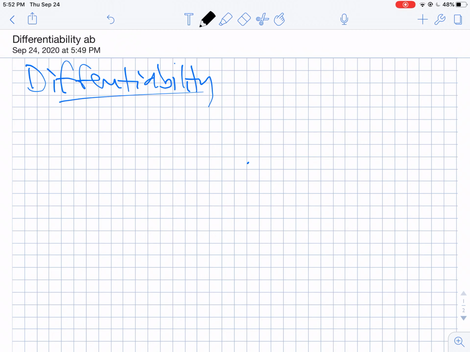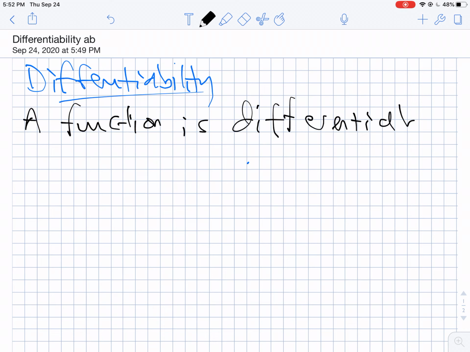So we're going to learn about a new topic today called differentiability, and this is a new term. We're going to say a function is differentiable, and this is a property that a function can have. A function is differentiable, meaning able to be differentiated, at some point if two conditions are true about f of x.